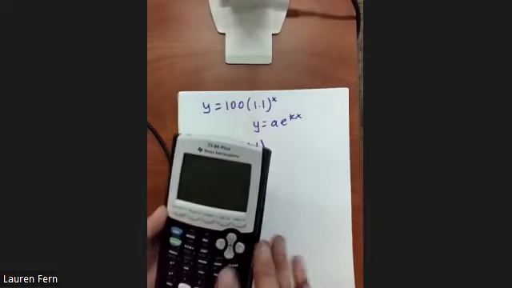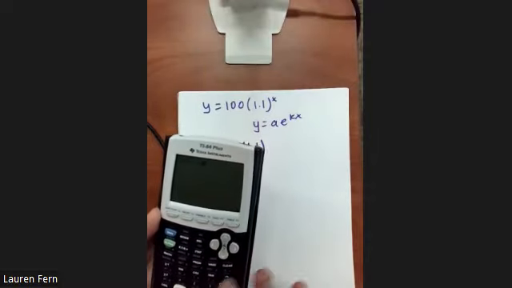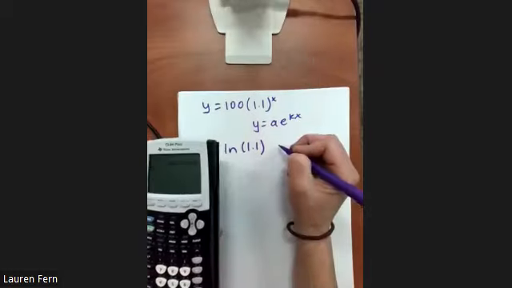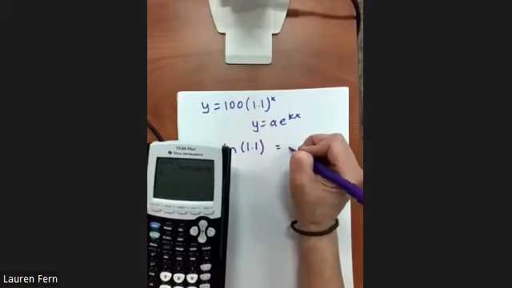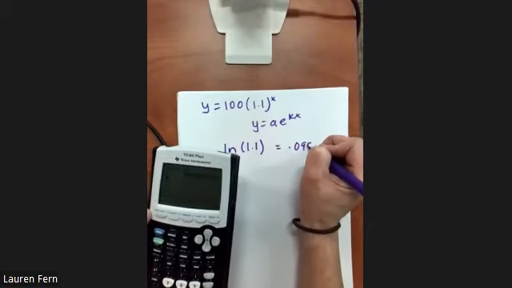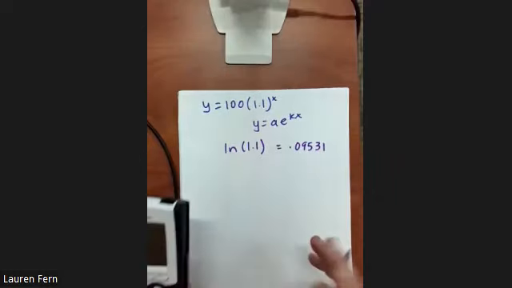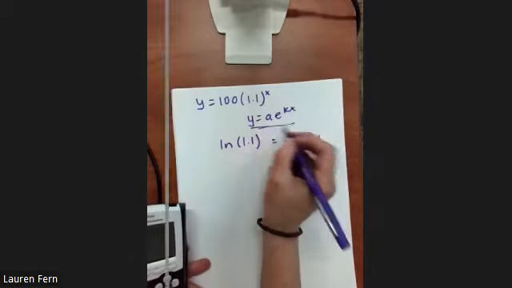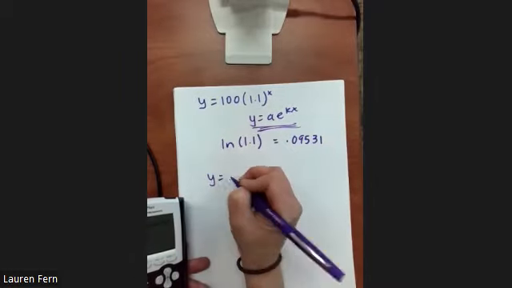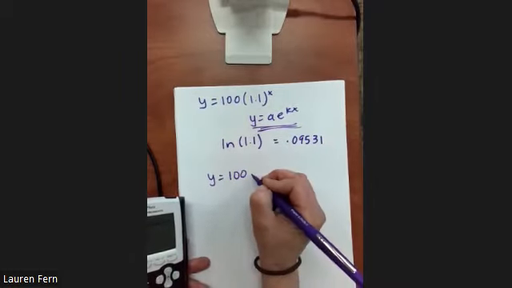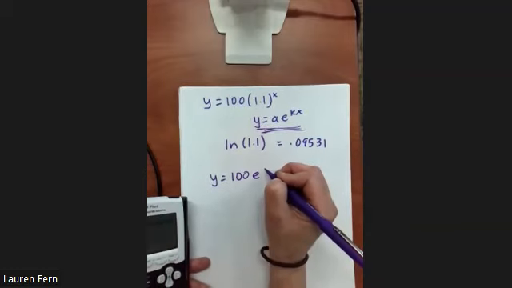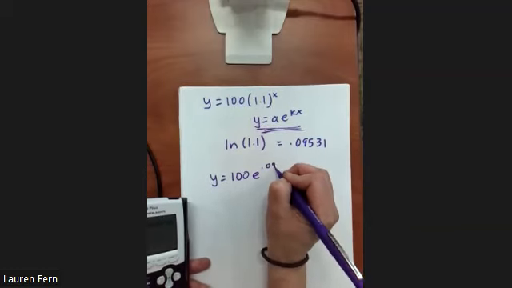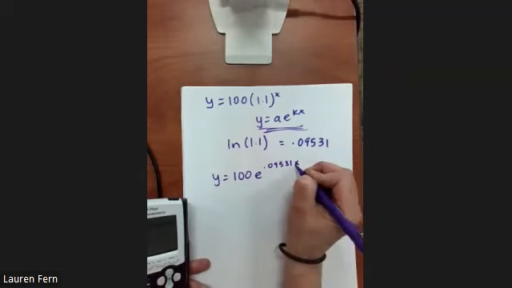And I can do that, and I'm going to get about 0.09531. So written in continuous form, we would say that's 100 times e to the 0.09531.